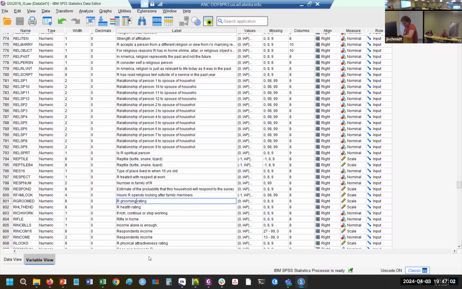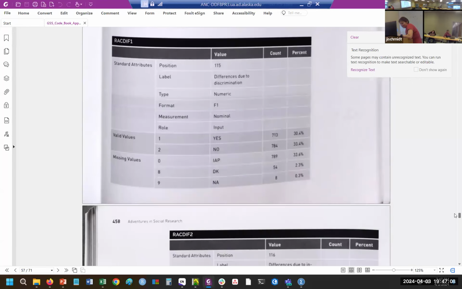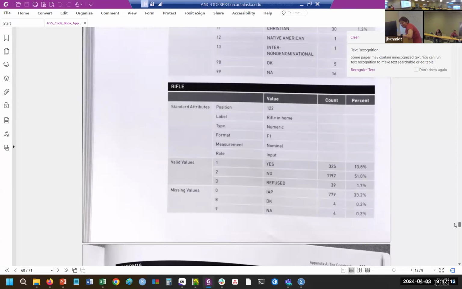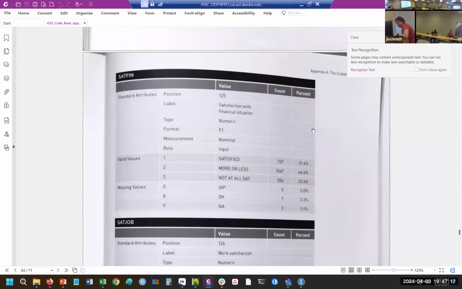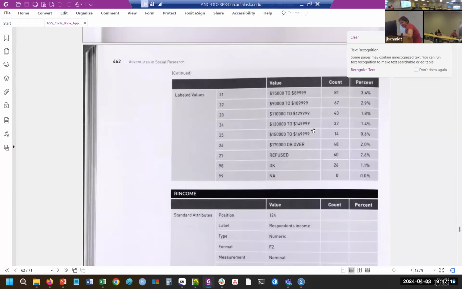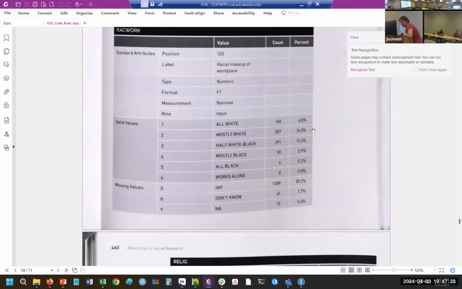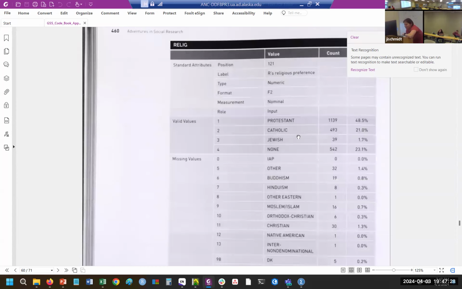Are groomed, grooming rating, okay, I gotta check this out here. Let's see, are groomed?